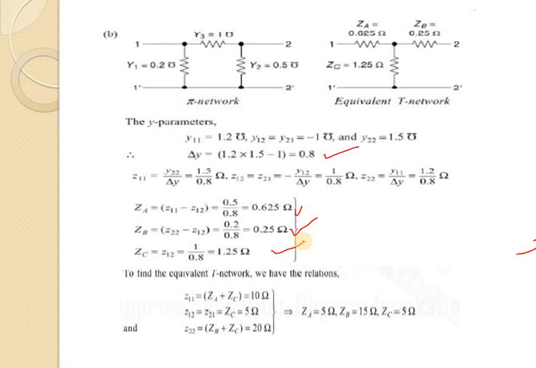Using the relations Z11 equals ZA plus ZC, Z12 equals Z21 equals ZC, and Z22 equals ZB plus ZC, we got ZA equals 5 ohm, ZB equals 15 ohm, and ZC equals 5 ohm.